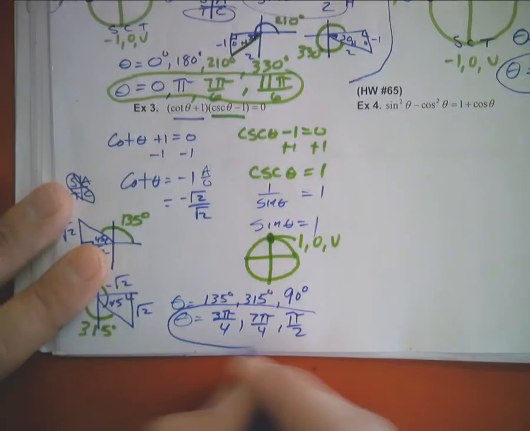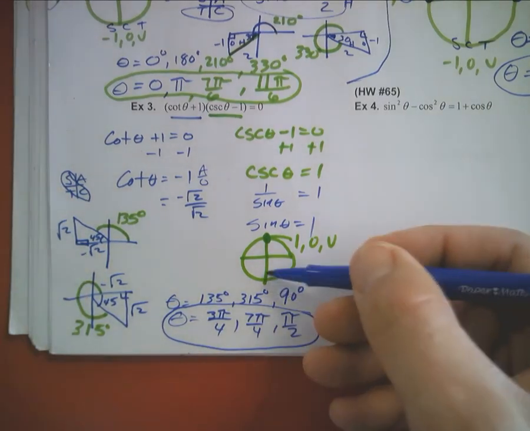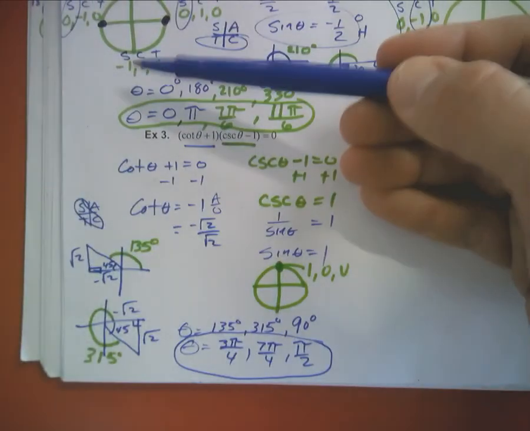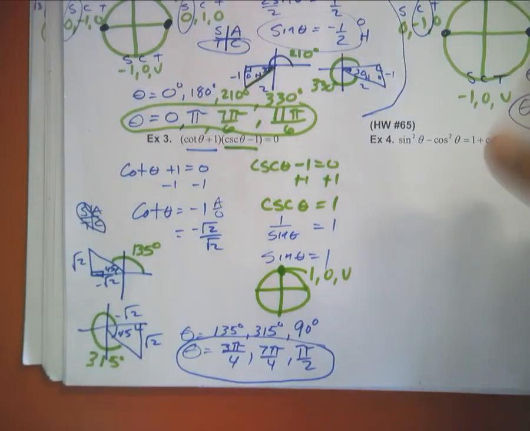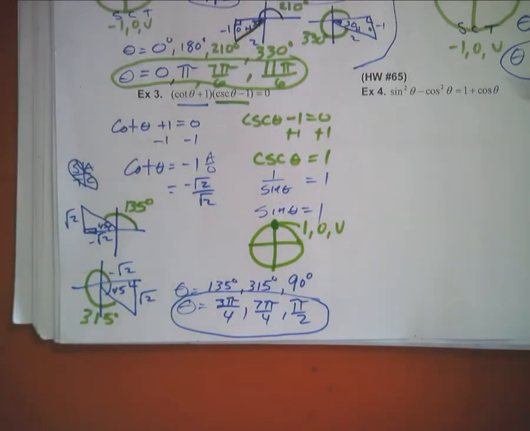And there's my 3 answers, okay? I don't want down here at 3 pi over 2 because that sine is negative 1. You don't want that. We just want positive 1. And that happens right there at 90 degrees, which is pi over 2. All right, do we have any questions?